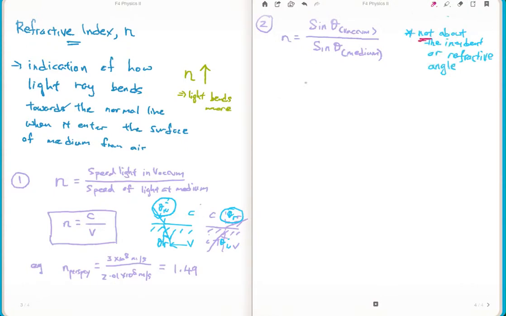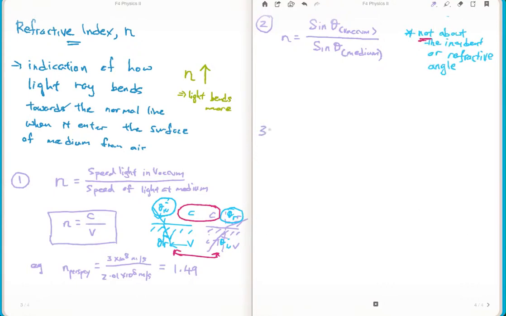You just take the one at the vacuum, what's the angle here, divided by the medium. This is the medium. Do not care about which one is incident and which one is reflective. Just take the angle at the vacuum over the angle at the medium. Don't make your life so hard. It's very simple physics.